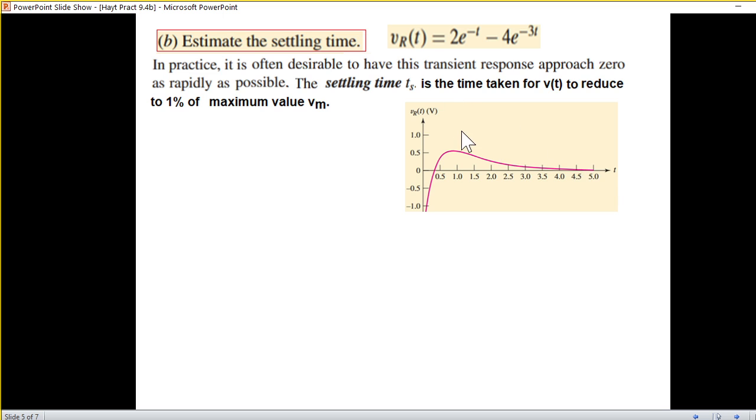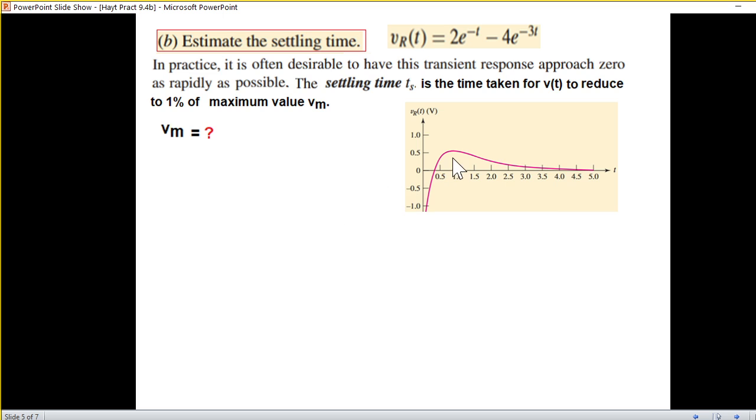But what we want is that this should settle down as soon as possible. And so we have to make some approximation. The settling time is the time taken for the signal v(t) to reduce to 1% of the maximum value. So whatever is the maximum value here, when it comes to 1%, let's say here it is 1%, then that time will be the settling time.